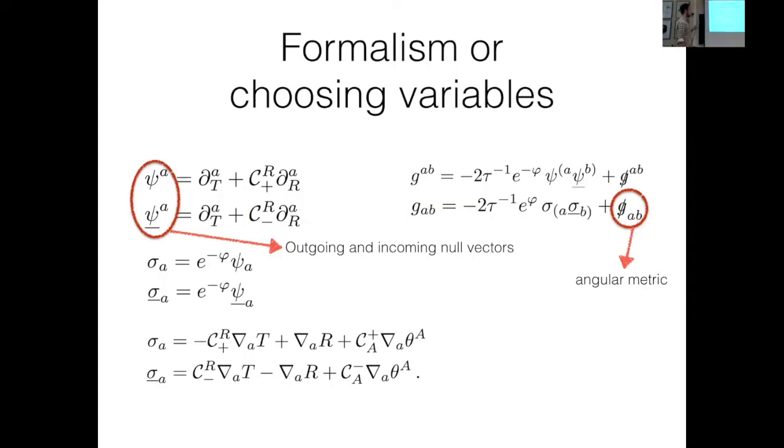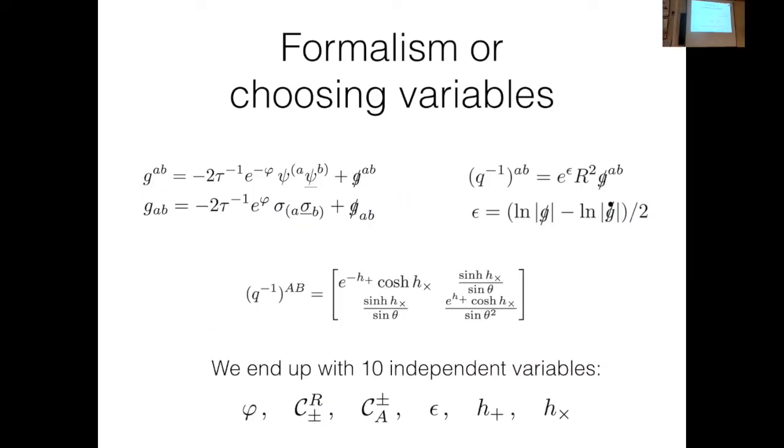We can also write the metric with indices downstairs in terms of the null covectors, just like that. And then there's also some freedom in the way we split what we call the angular metric, which is g slash. First of all, we take out of the metric this conformal factor.